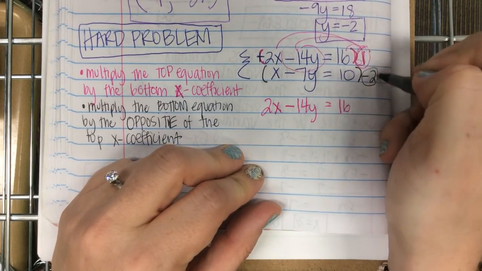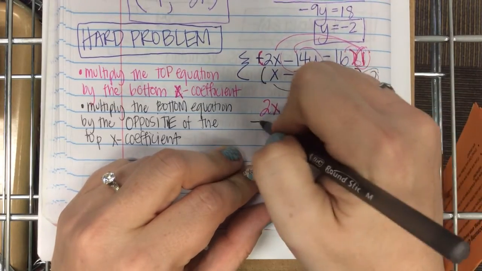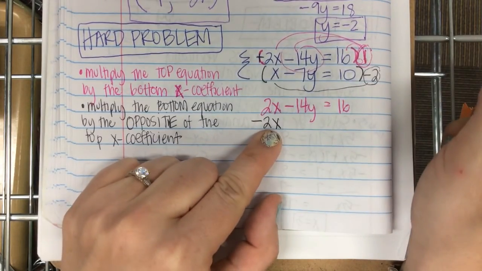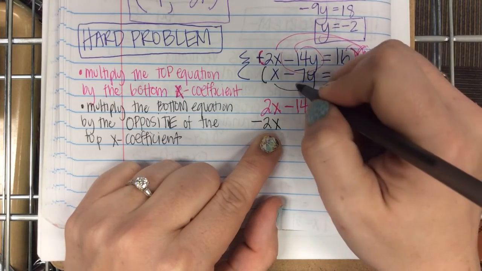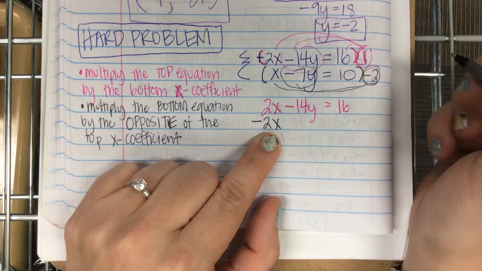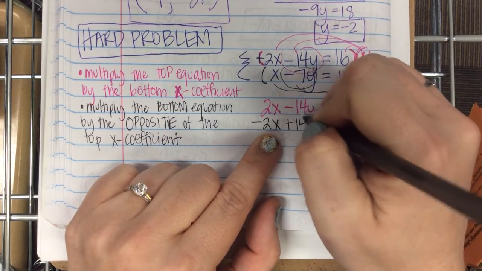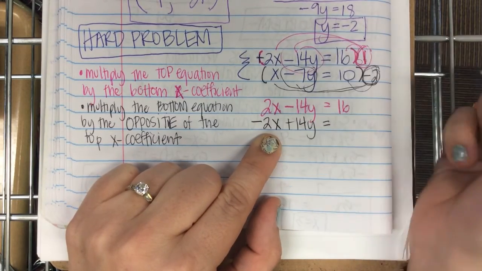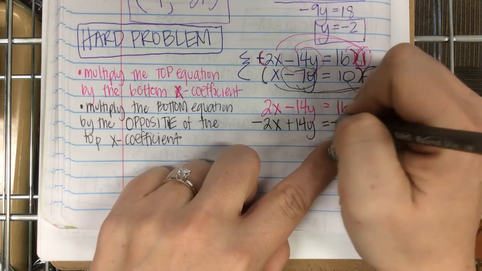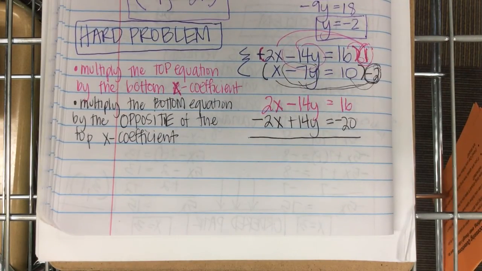So that means negative 2 times x is negative 2x, and look what happened. And negative 2 gets multiplied by negative 7y, which is 14y, equals negative 2 times 10, which is negative 20. And now it's an easy problem.